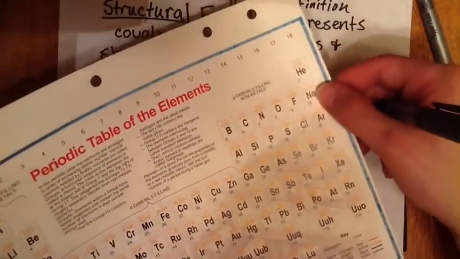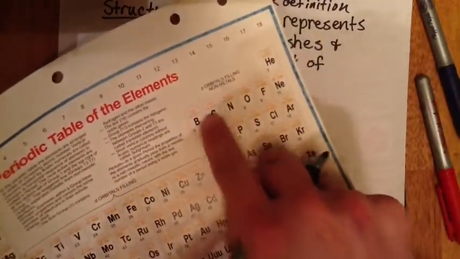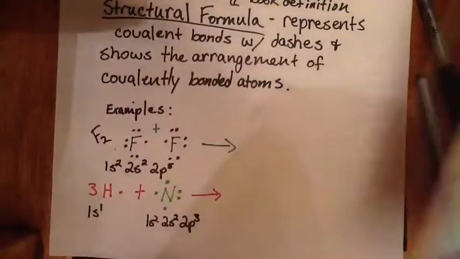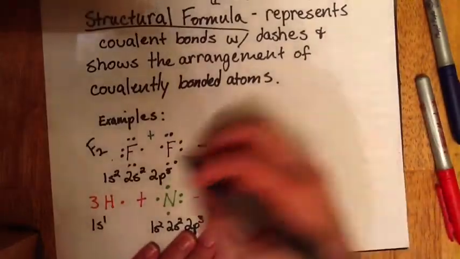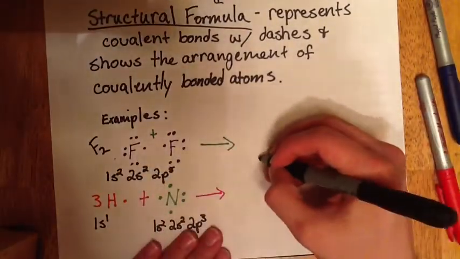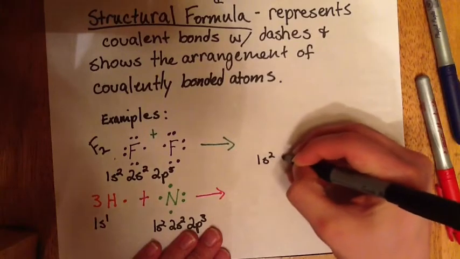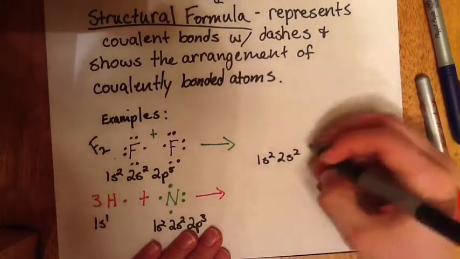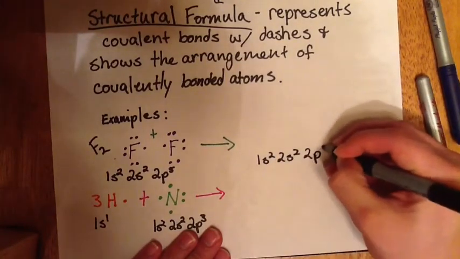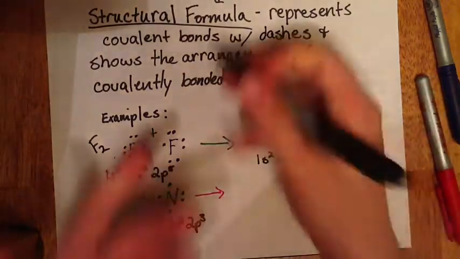He wants to be like neon in his electron configuration, so he wants 1s2, 2s2, 2p6. Both of these fluorines want to be 1s2, 2s2, 2p6. Now let's draw the structural formula.